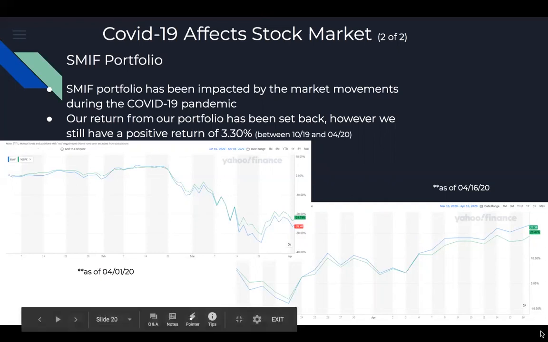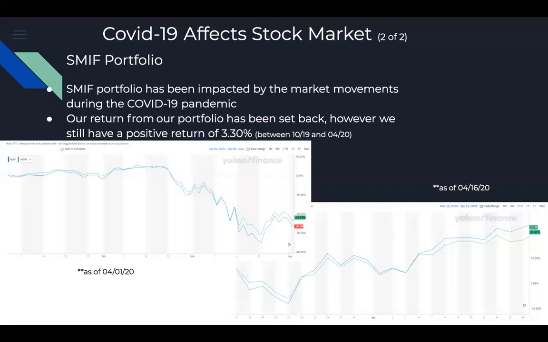And to further explain on that, the first graph here shows our portfolio's movement over the past 6 months and how the COVID-19 crisis has affected it. You can see that our portfolio has been at a steady decline following the trends of the S&P 500. In the second graph, we're able to see how our portfolio is performing in the last month.